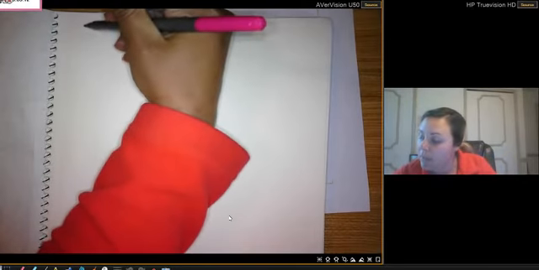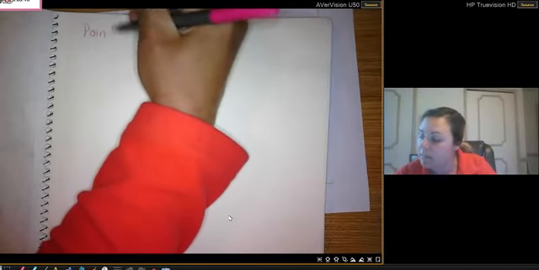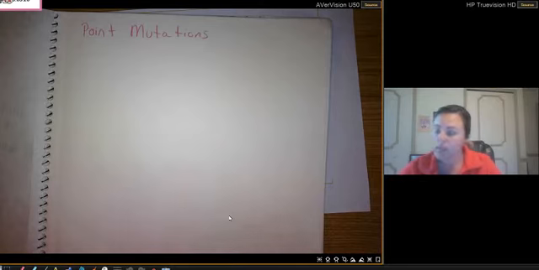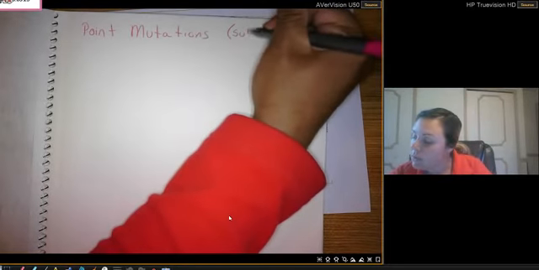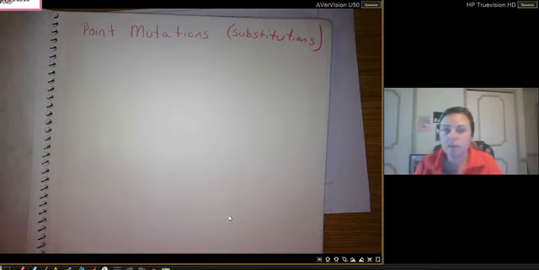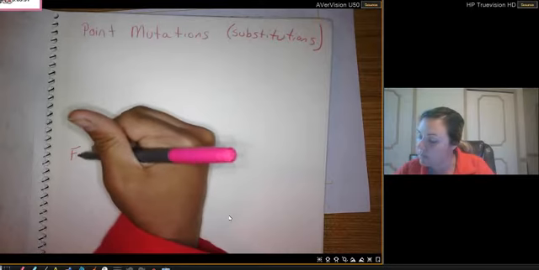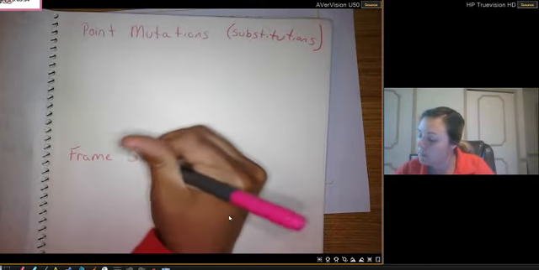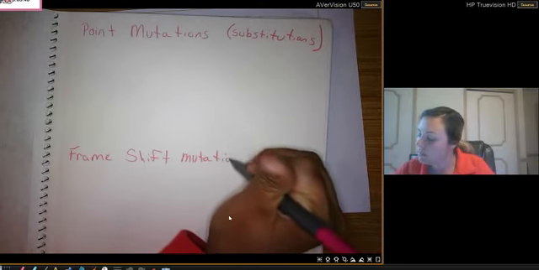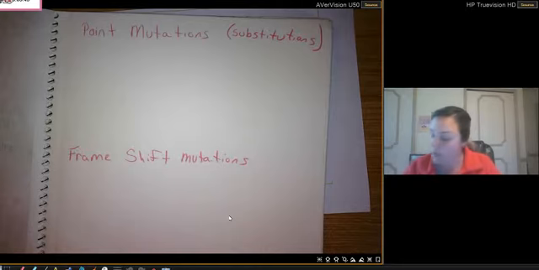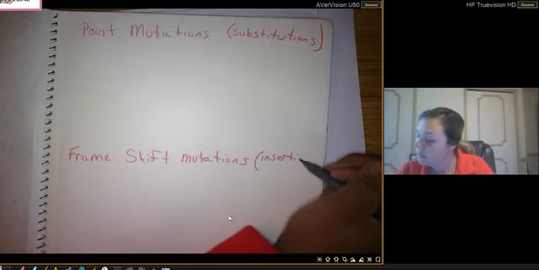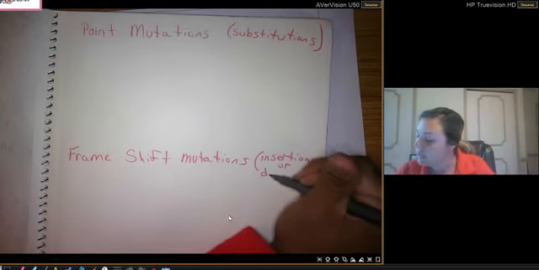You have point mutations, which are also known as substitutions, or you have frameshift mutations, which are caused by insertion or deletion.